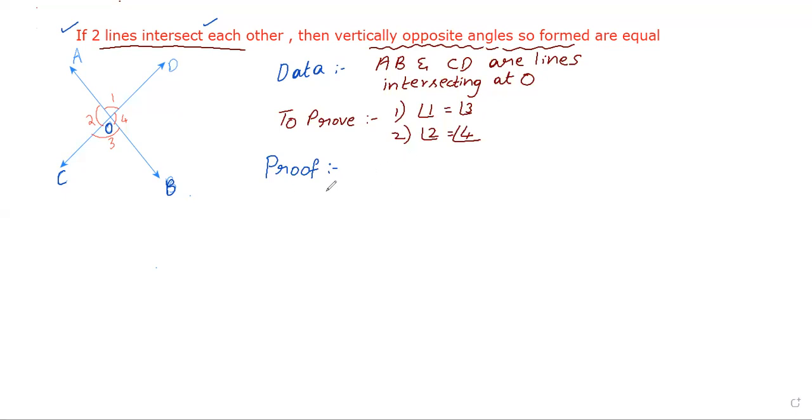So let me write the first step. You know that OA stands on line CD. OA stands on line CD. Therefore, I can write angle 1 plus angle 2 is equal to 180 degrees.